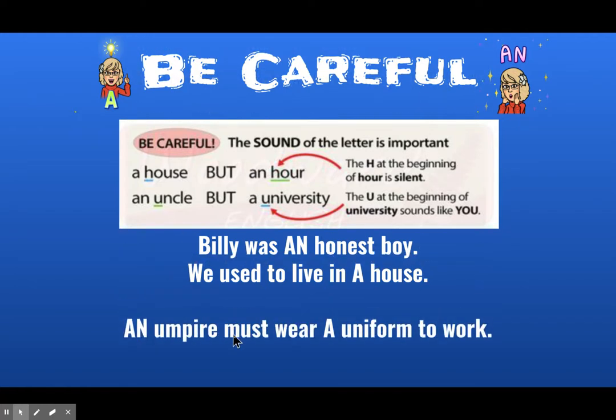An umpire must wear a uniform to work. So we hear the yoo, so it's a. And these only happen in the U words. So if you hear the uh you're going to use the an. If you're going to hear the yoo, you're going to use the article a.